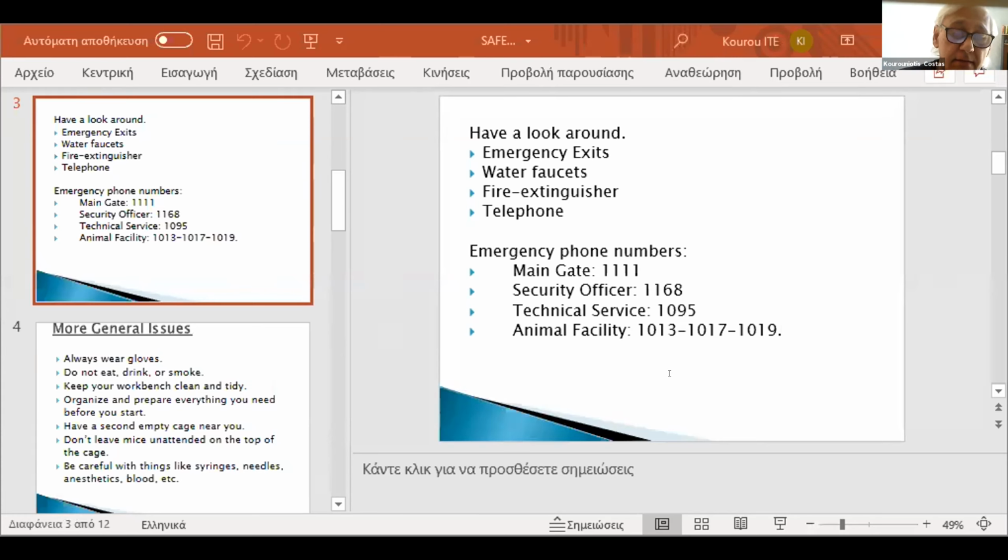The main gate, you can use it if you get locked in. It has happened in the past. Technical service, if there is a leak in a water pipe, electrical failures, etc. And if you want to contact the other workers in the animal facility, you use the numbers listed for the animal facility.